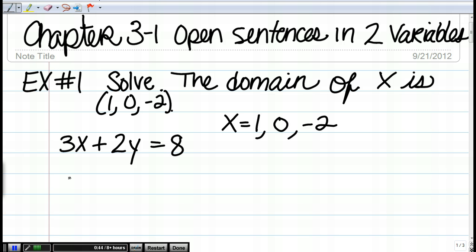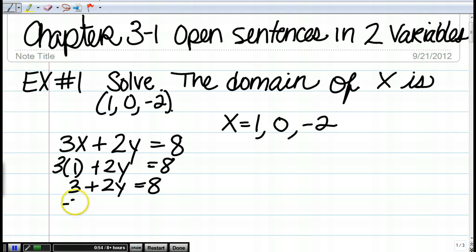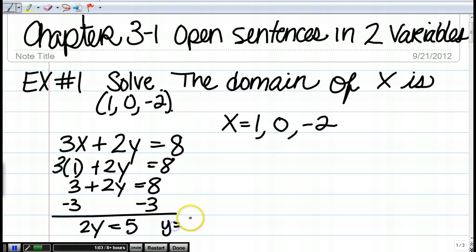And so on. So if I plug in 1 here and I solve for y, I have 3 plus 2y equals 8. I would subtract 3. I have 2y equals 5, and so y would equal 5 halves.